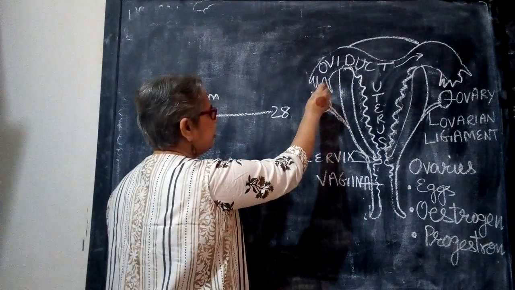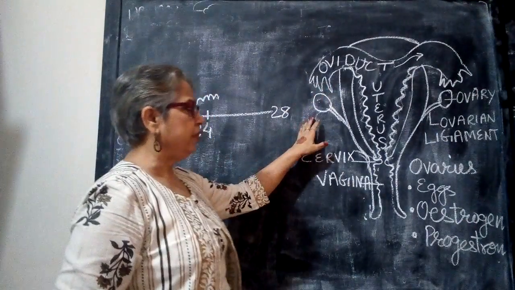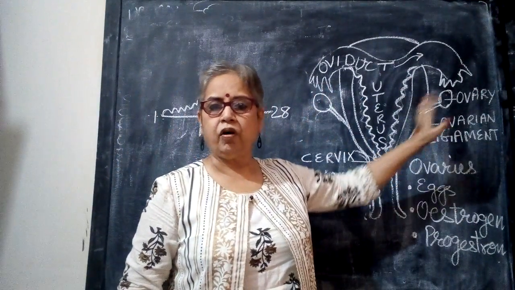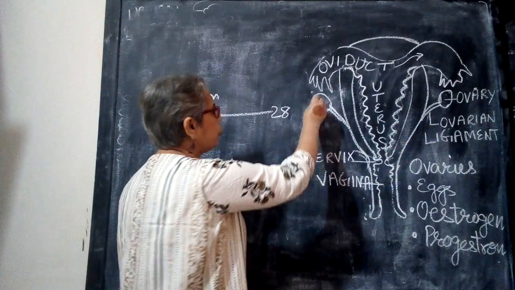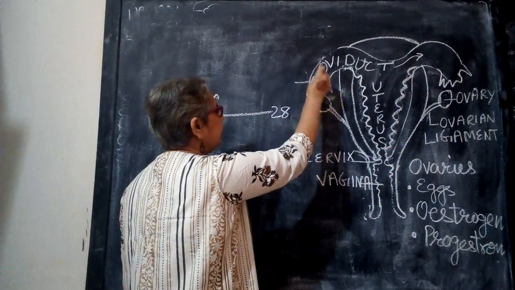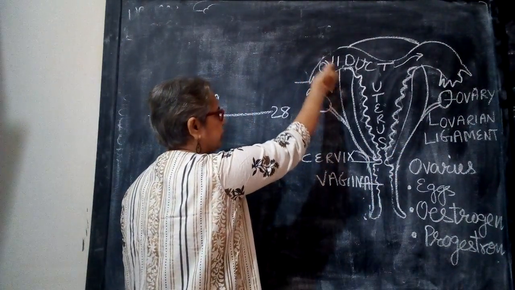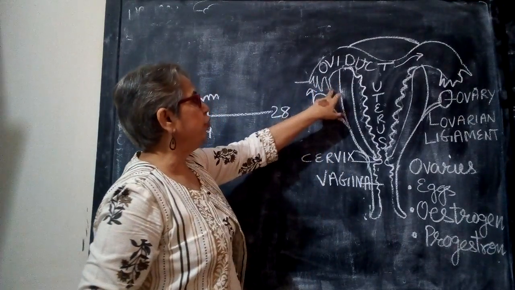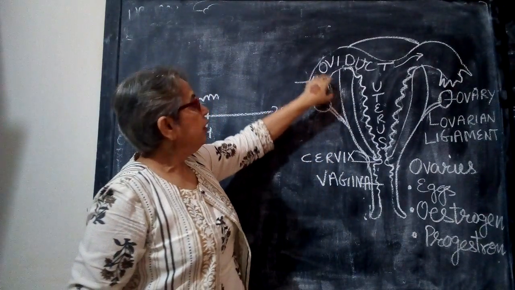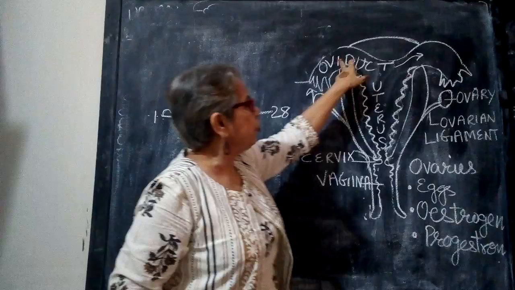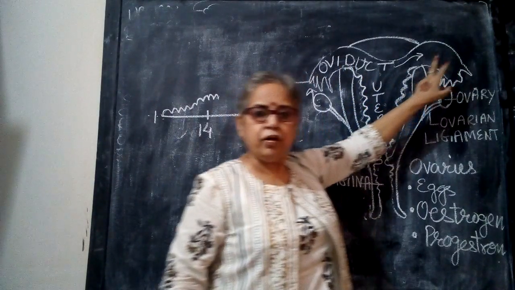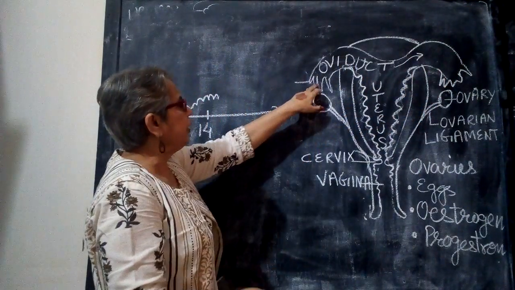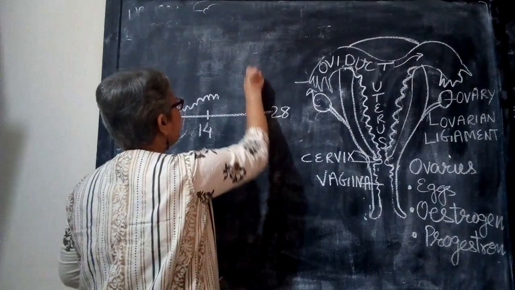The egg which is released either from this ovary or that, left or right, is caught by these funnel-like structures which have finger-like projections. This is the oviduct. You can see there is a pair of oviducts, and these finger-like projections are called fimbriae.